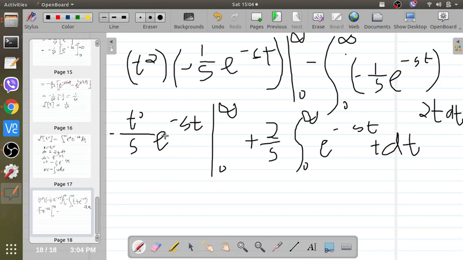So we need to solve this first. Substitute the values from infinity to 0.